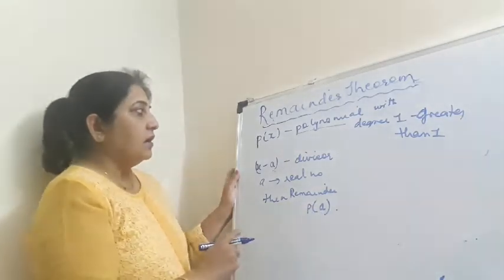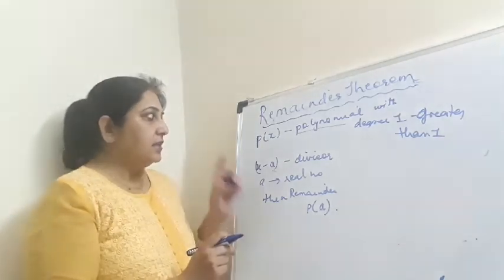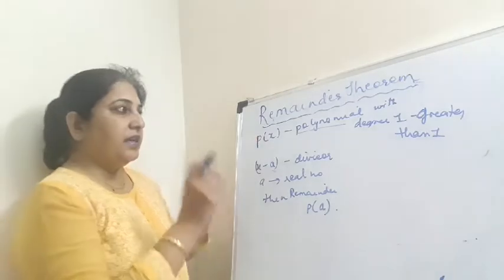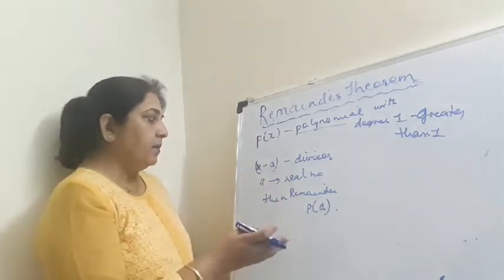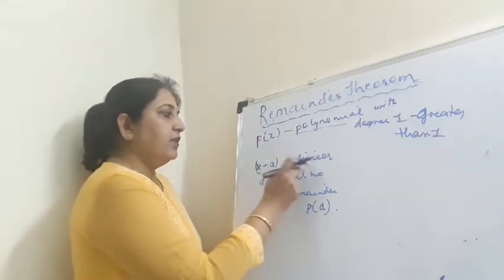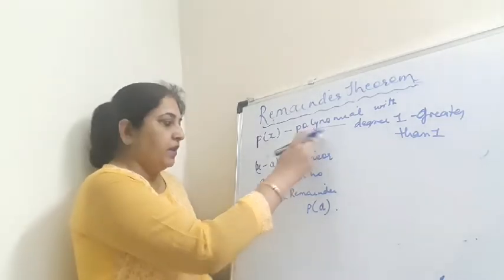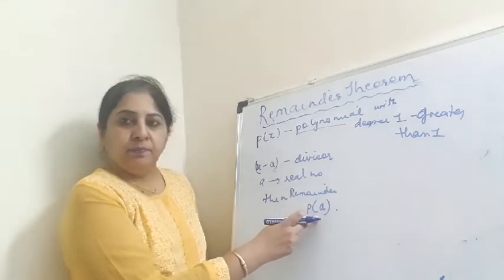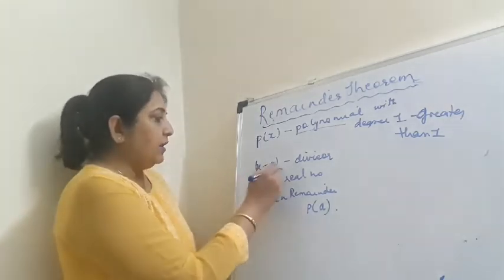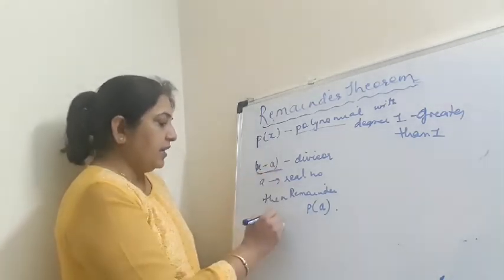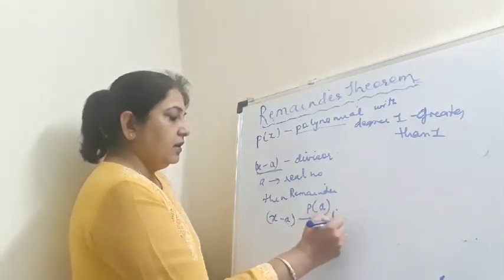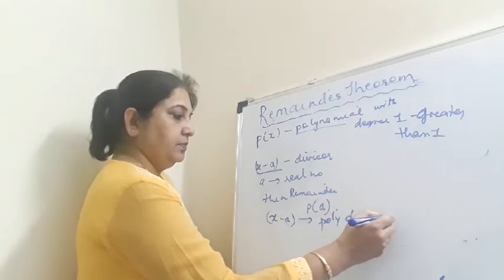So I repeat, the remainder theorem states that if a polynomial in x has degree 1 or greater than 1, and if x minus a is a divisor of this given polynomial where a is a real number, then the remainder is P(a).